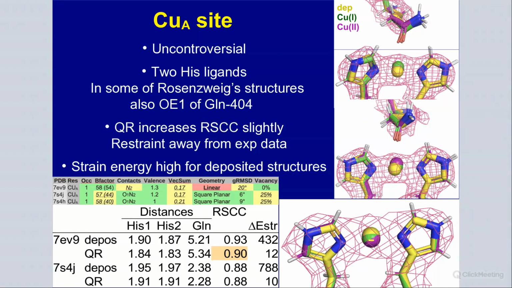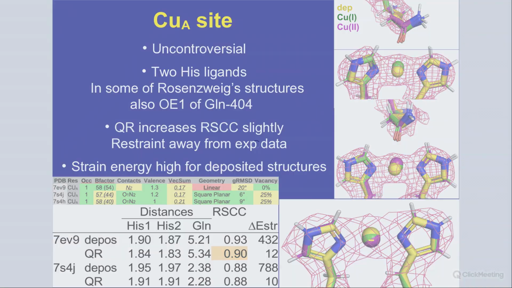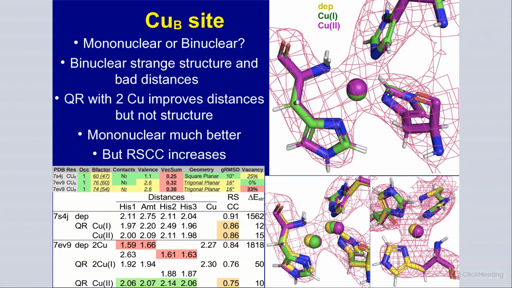The structure doesn't change very much, a little bit change in the distances. In this case, the real space correlation coefficient doesn't go down very much, but the strain energy improves a lot. Then we go to the more controversial sites.